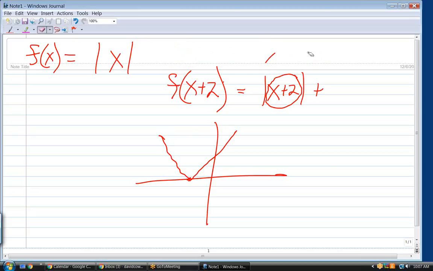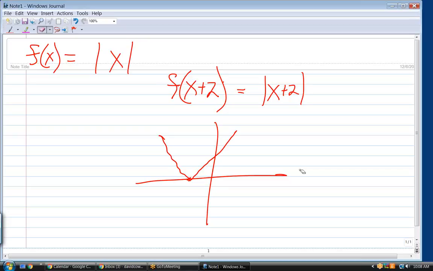Let's just take these one at a time. If the parent function is absolute value of x, and I say, well, what does this look like? I'm just going to substitute x plus 2 wherever I see x. And that has the effect of a horizontal translation, 2 units to the left. Had I said x minus 2, it would be 2 units to the right.